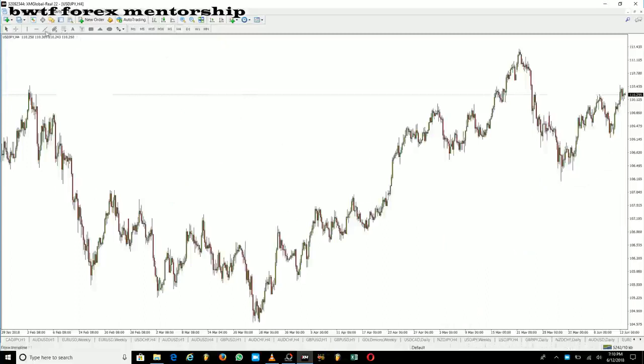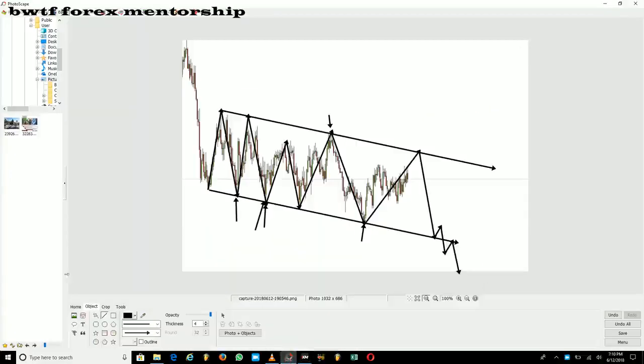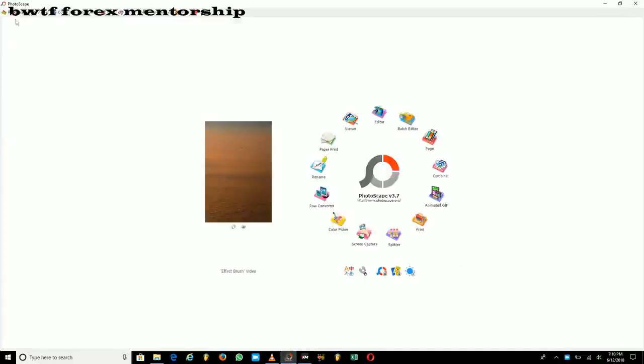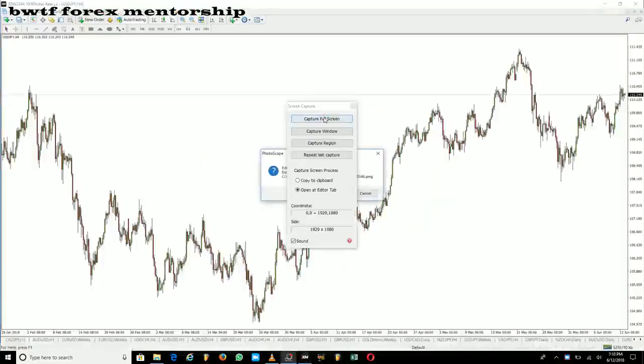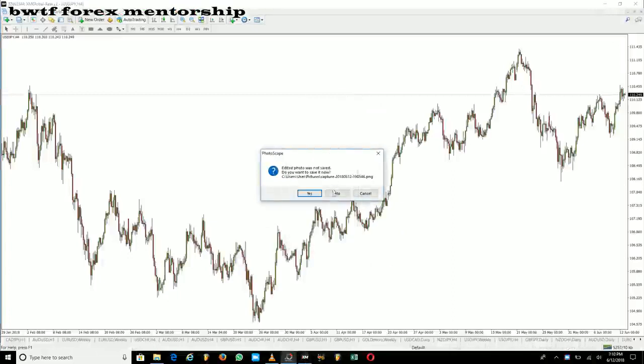I'm gonna use this area because it's a perfect example. So what I'm gonna do is I'm gonna take another screenshot.